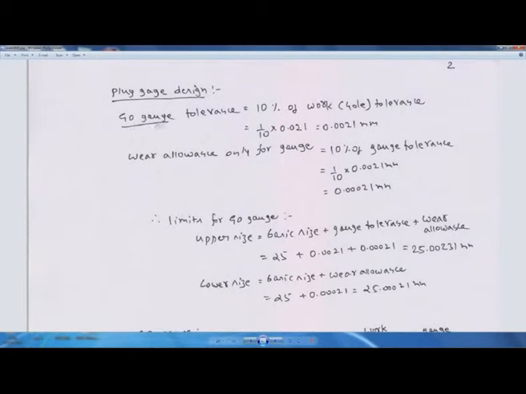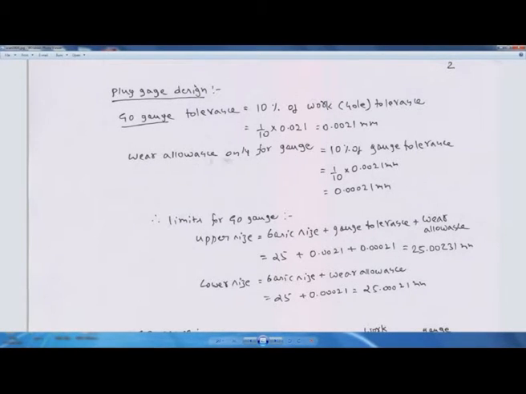The GO gauge tolerance is taken as 10% of the work tolerance. So the work tolerance, that is the hole tolerance, is 0.021 millimeter, and 10% of that will give us 0.0021 millimeter. Wear allowance is provided only for the GO gauge. The reason is that only the GO gauge enters the hole and is subjected to wear.